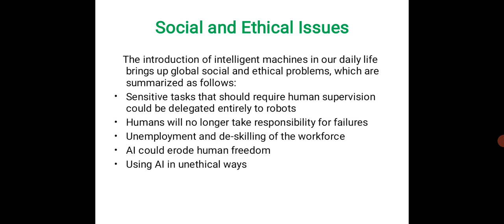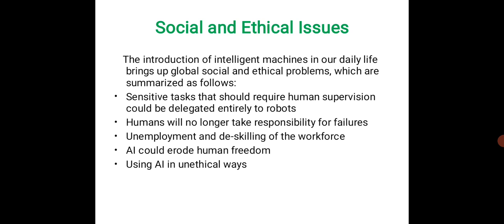And once we use robots, obviously there will be social and ethical issues. Using intelligent machines in our daily life will bring these problems, which are summarized as sensitive tasks. Sensitive tasks normally require human supervision, and humans will no longer take any responsibility for any failure in the robot.